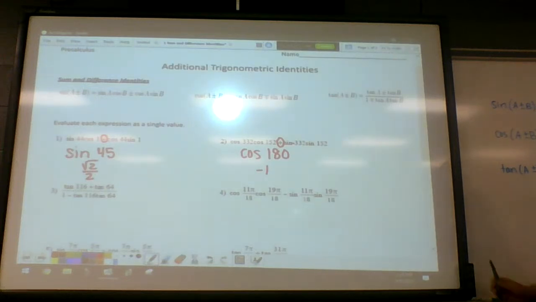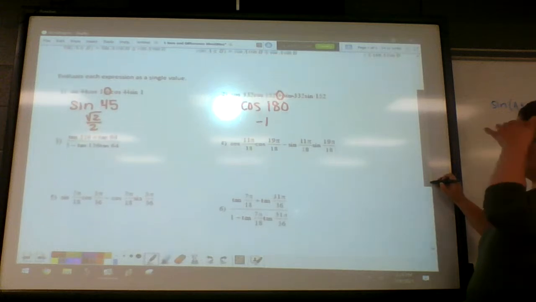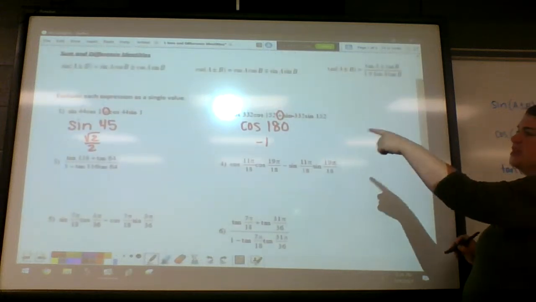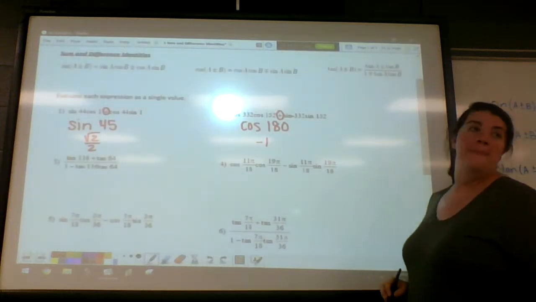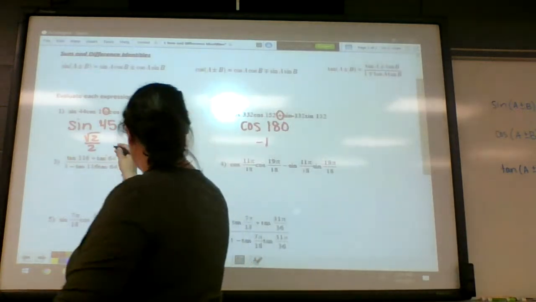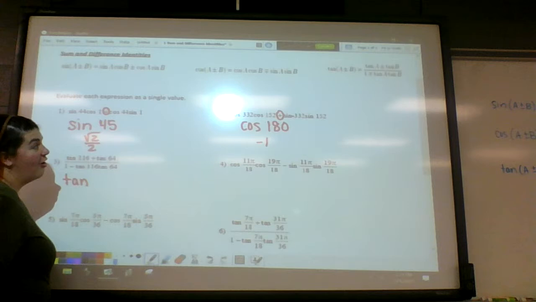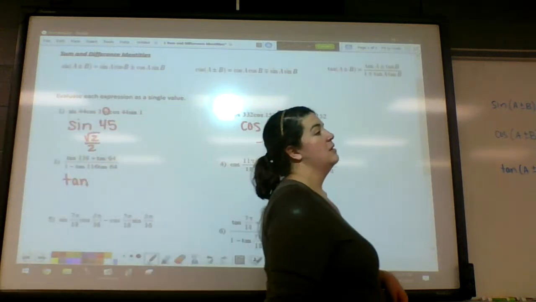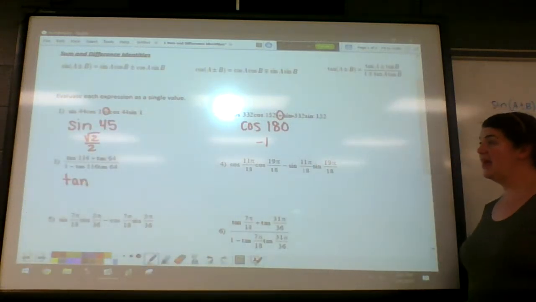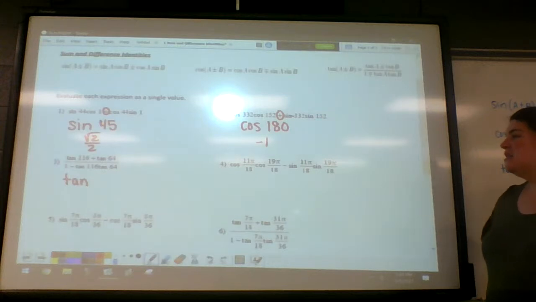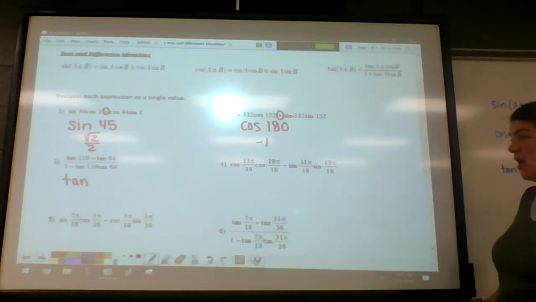All right, next one, sine, cosine, or tangent for number 3? Tangent. If it has all tangents, it's from the tangent. Angle A is 116, angle B is 64, and then you have to decide whether it's added or subtracted based off the signs.